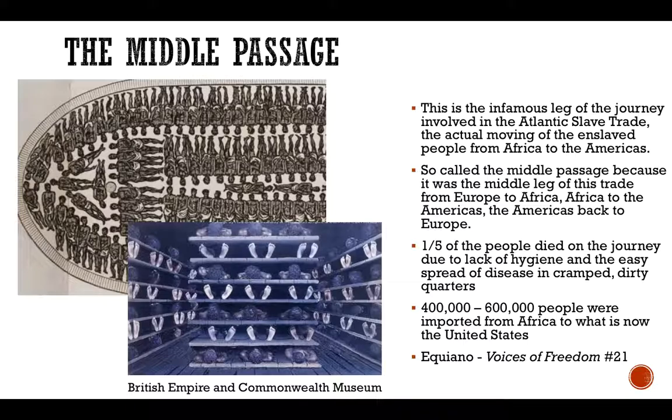About 1/5 of the people who were put onto these ships to go through this Middle Passage died on the journey due to lack of hygiene and the spread of disease, and it was cramped and dirty quarters. There were also instances of people being murdered on these ships by the people who were bringing them, but for the most part, it was death due to disease and lack of hygiene.